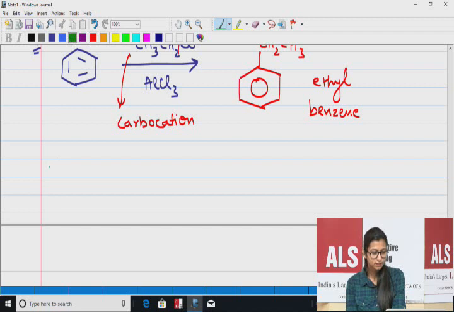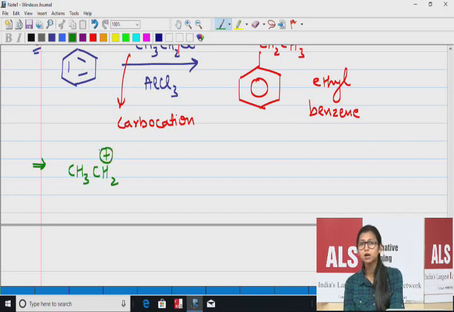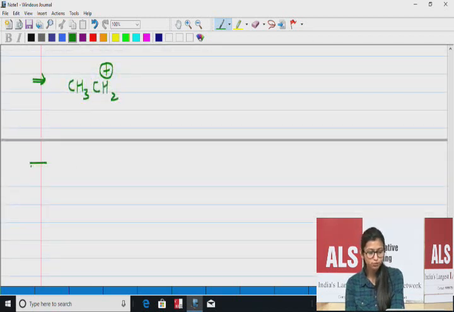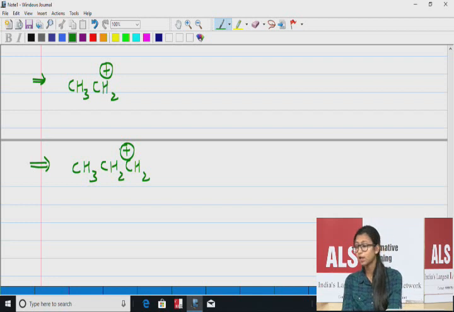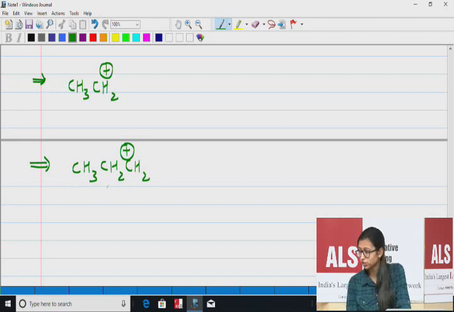Just tell me one thing. In this particular question above, I got CH3CH2+. This is simply a 1 degree carbocation. What if you are getting this type of carbocation, CH3CH2CH2+? There are chances of rearrangement in the second compound.